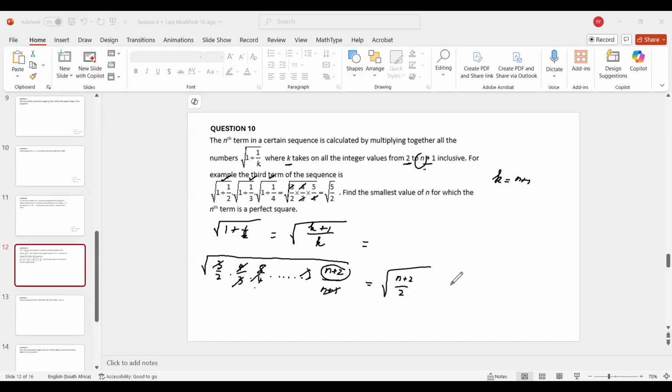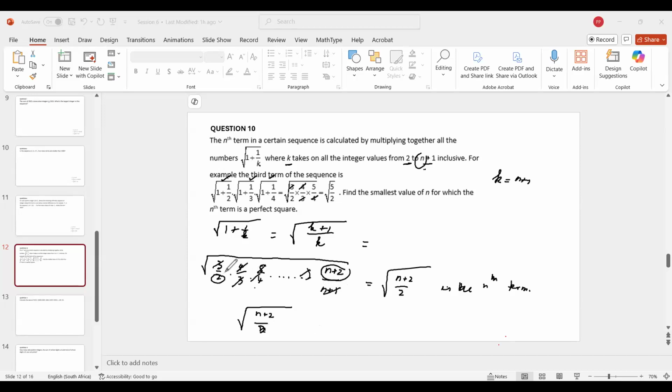Anyway, now this is your nth term. They say find the smallest value of n for which the nth term is a perfect square. So this thing here is the nth term, over 2 at least.